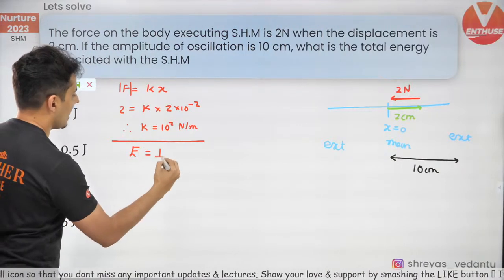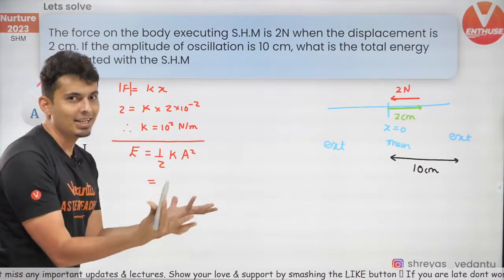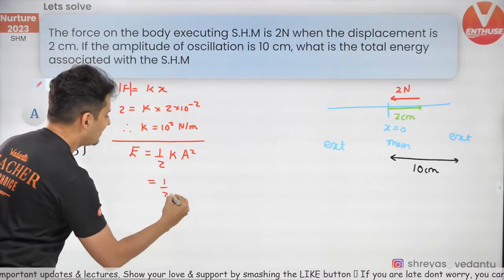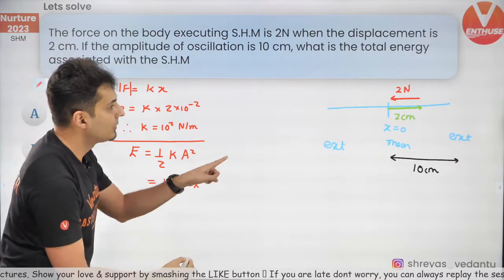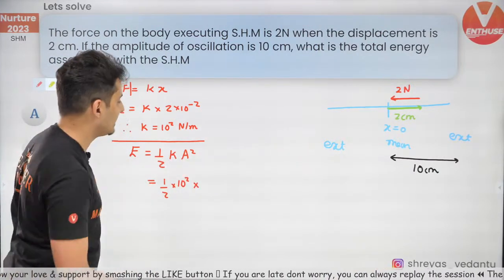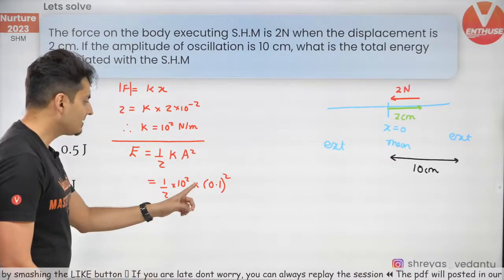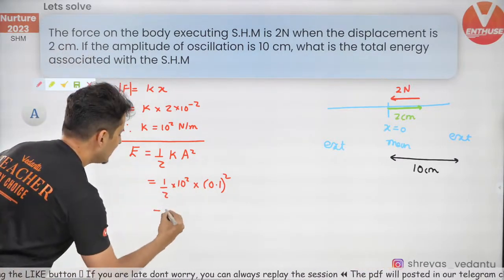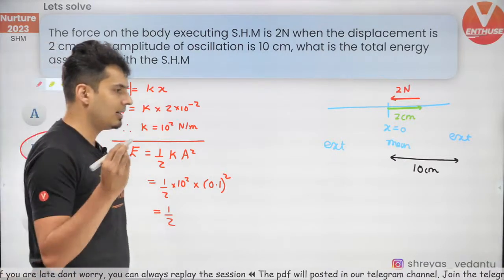Total energy is half K amplitude square. I think I know what to do next. Half into K, where K is 10 to the power 2. Amplitude is 10 centimeter, that is 0.1 meter, squared. 10 square into 0.1 square is 1. So it's just going to be half. That means it's going to be 0.5 joules. Done.